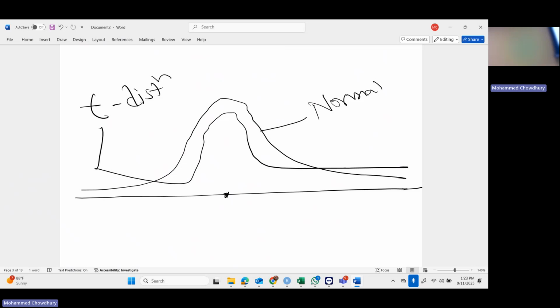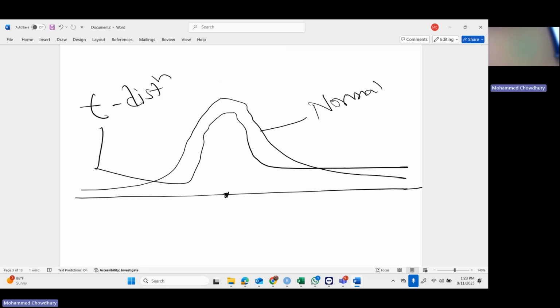Believe me, keep coming to the class, try to understand, focus. You will understand these things and all of this concept will be clear to you. So T and Z follow the same. If you find one, the other one is just changing the sign. But chi-square and F will not work that way, which I will discuss.